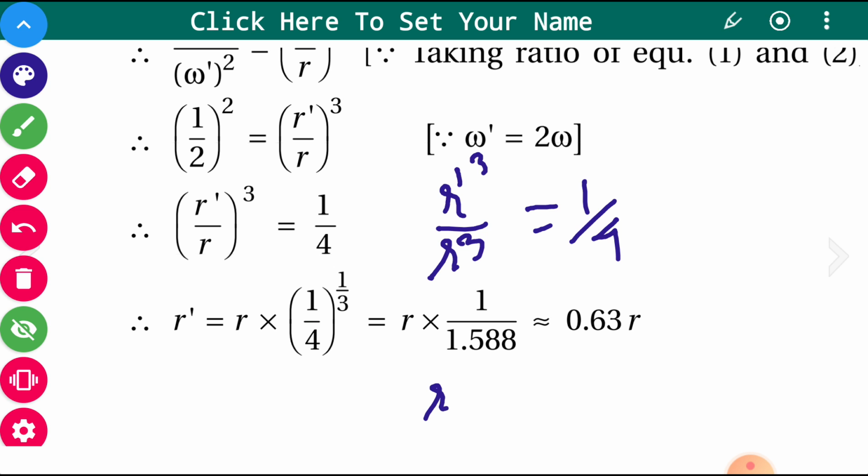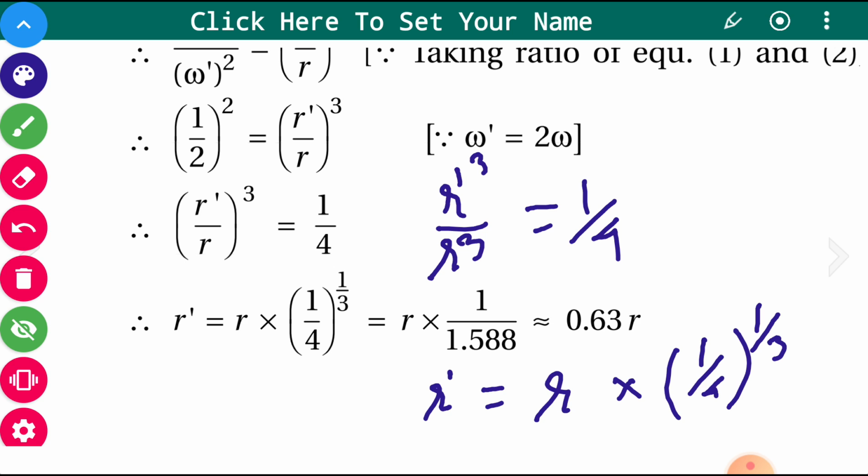So r prime is equal to r into the cube root of 1 upon 4, and if you find it with the help of a log table or calculator, then r into 1 upon 1.588 you will get, and 1 upon 1.588 will result into 0.63, r will remain as it is.